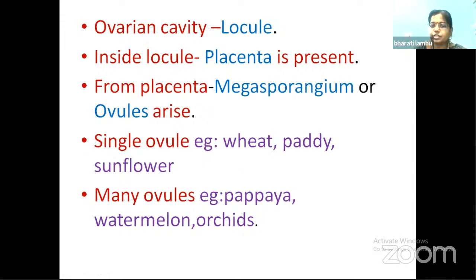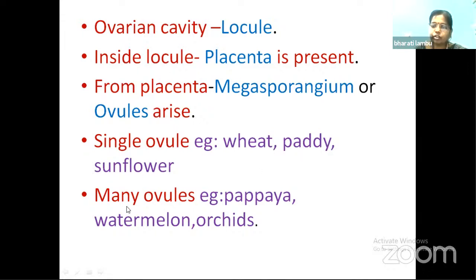Example for this is wheat, paddy, sunflower. So generally in these examples, only one locule will be present, that is, it is unilocular, and a single ovule will be present. The example for this is wheat, paddy or sunflower.